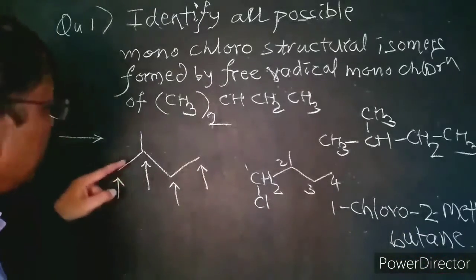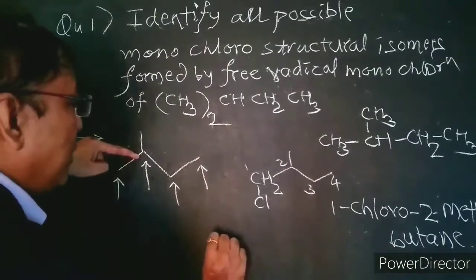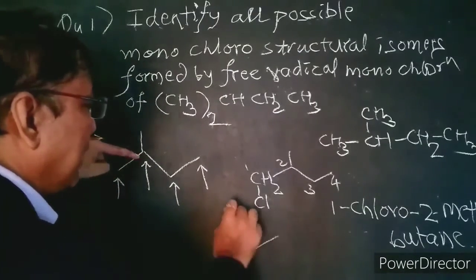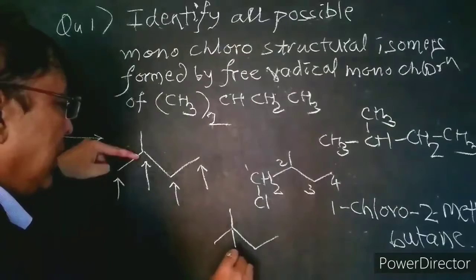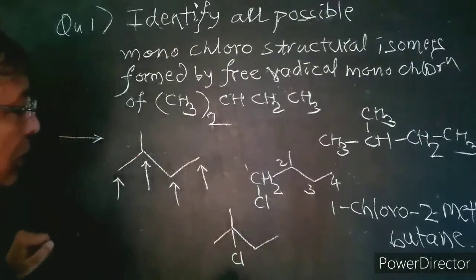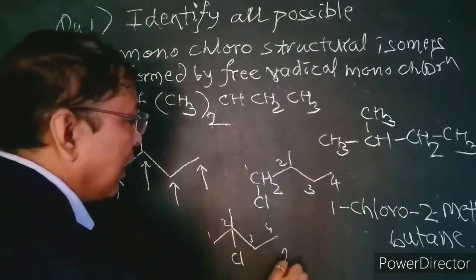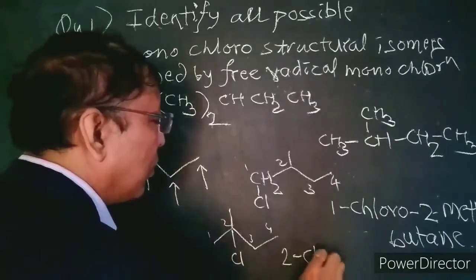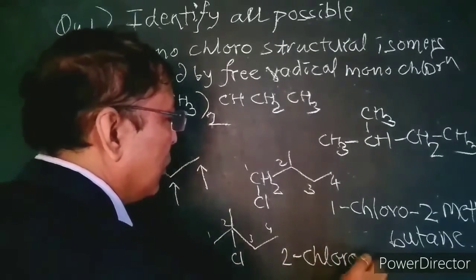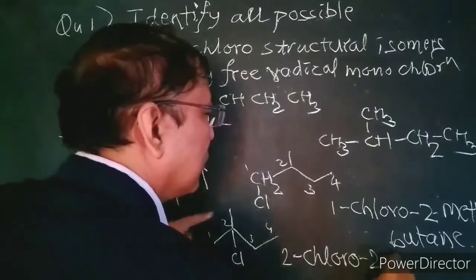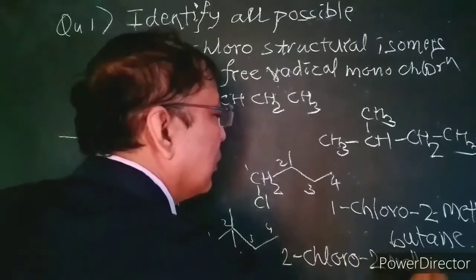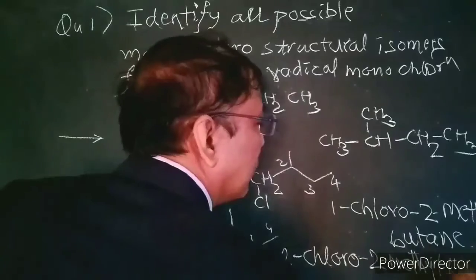When this hydrogen atom is replaced, we get a molecule like this. Chlorine is present here. Now this is 1, 2, 3, 4. The name of the compound is 2-chloro-2-methylbutane.